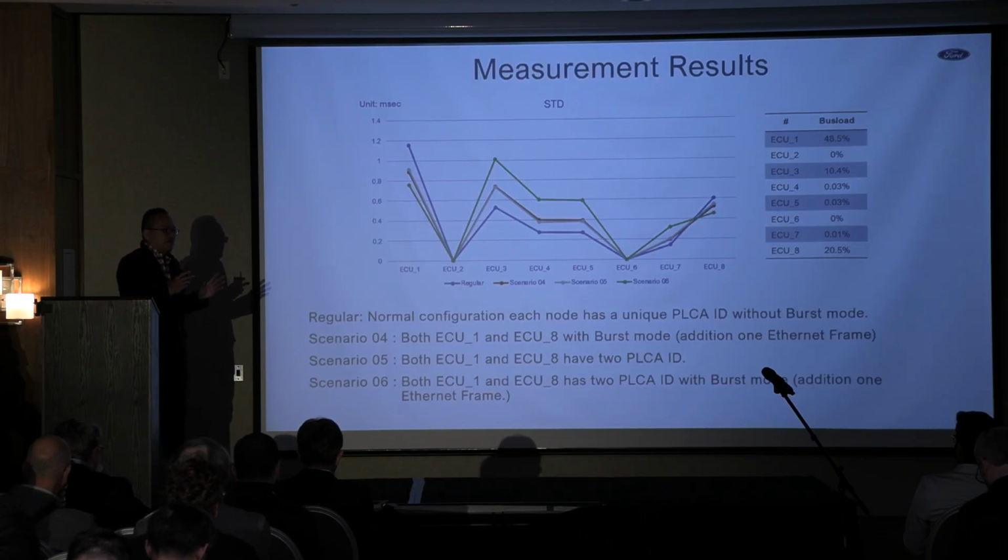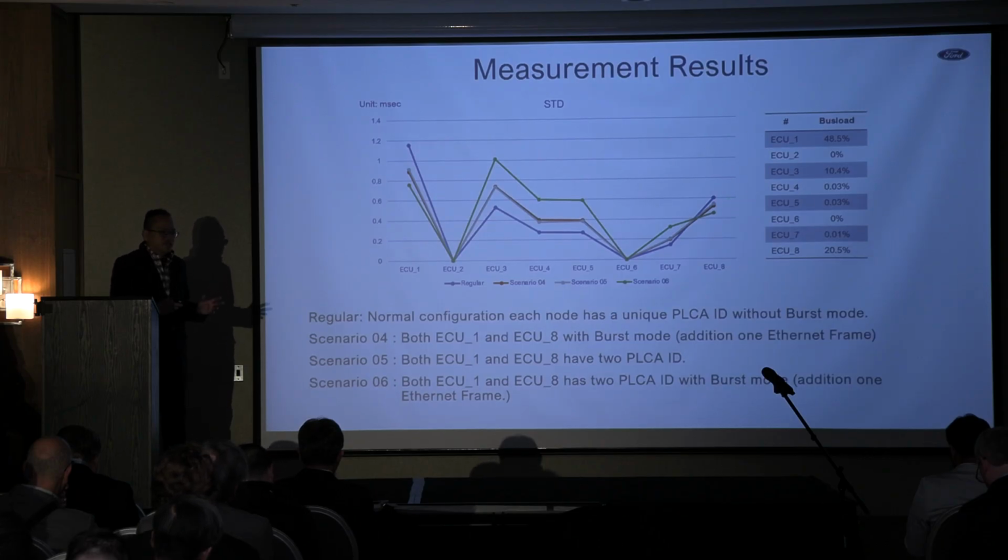But if node 1 and node 8 both have the multiple IDs or the burst mode, we can compare this with the first one. They can reduce, but not much, because they affect each other. Someone will reduce the latency, but the nearby node will have increased latency. The good news is that they can reduce more, but they need to pay too much.